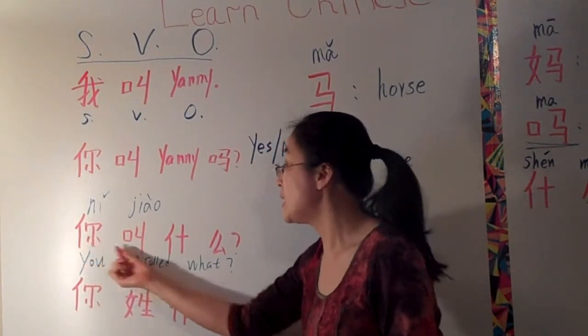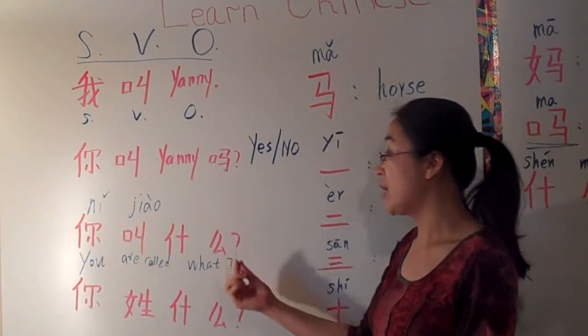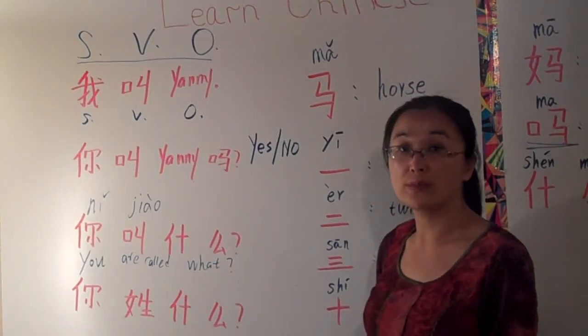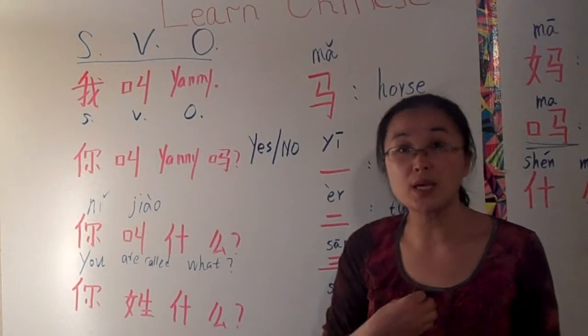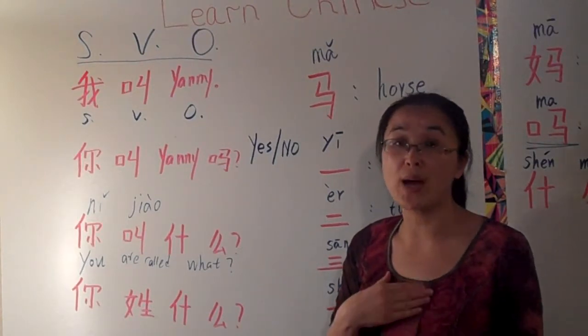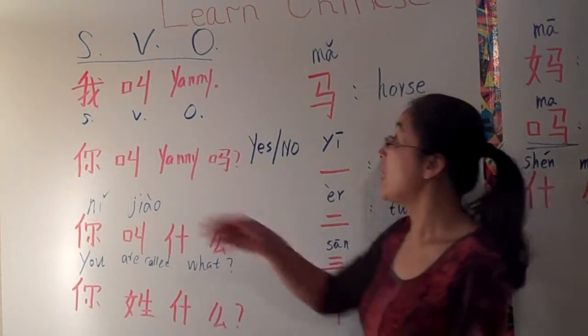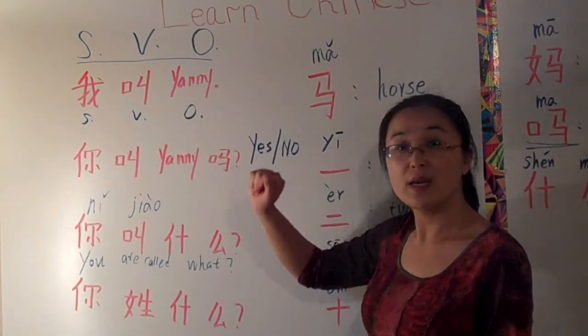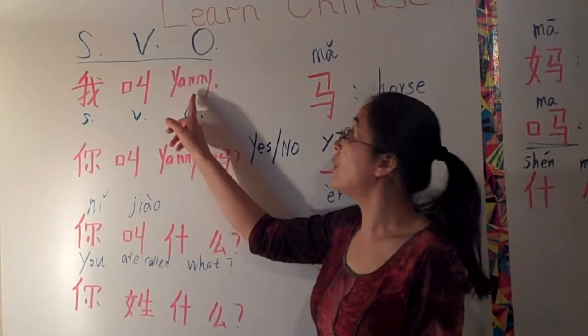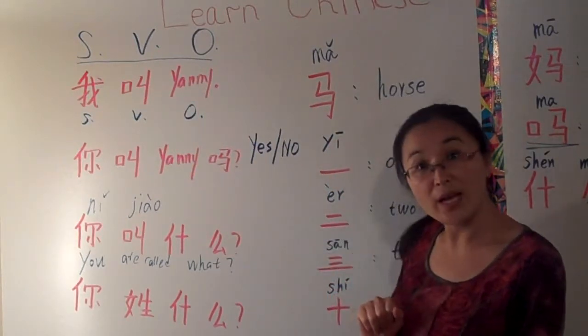Okay, 你叫什么? What are you called? Okay, if you ask me, 你叫什么? My answer would be, 我叫 Yanni. I am called Yanni. Did you get it?